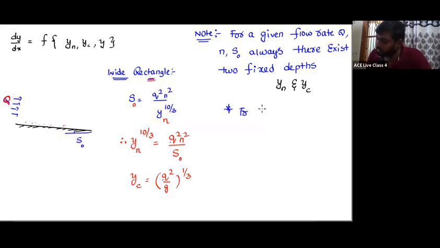For different flow rates, yn can be greater than, less than, or equal to yc.